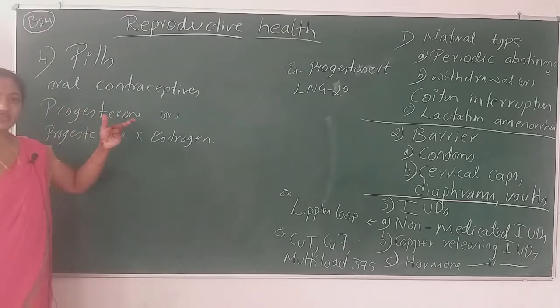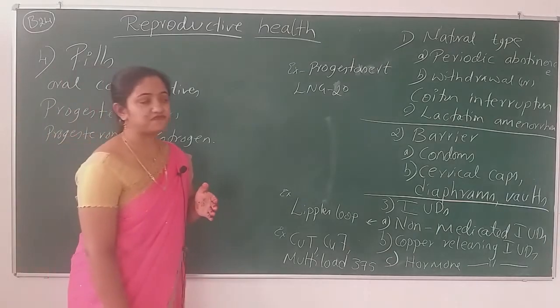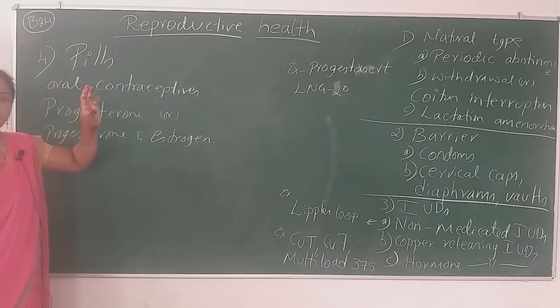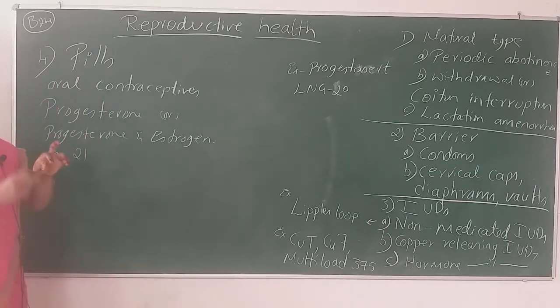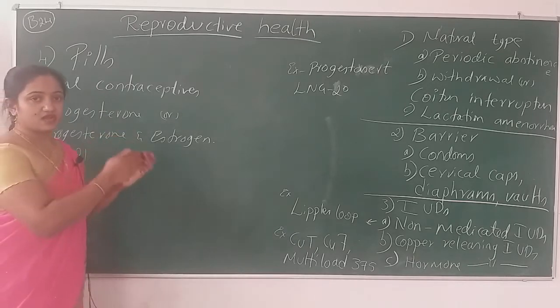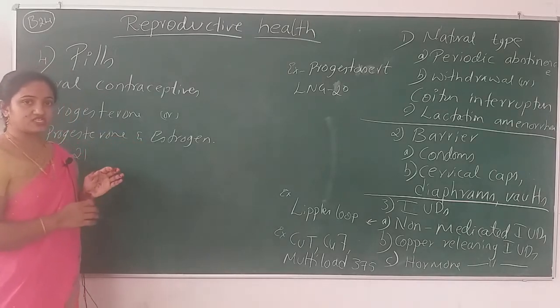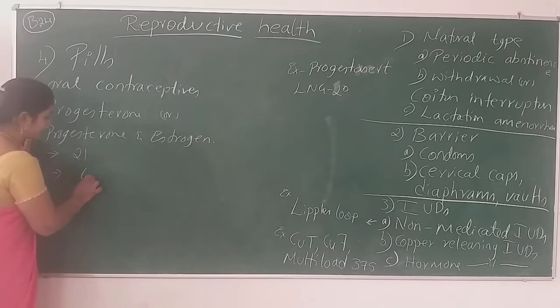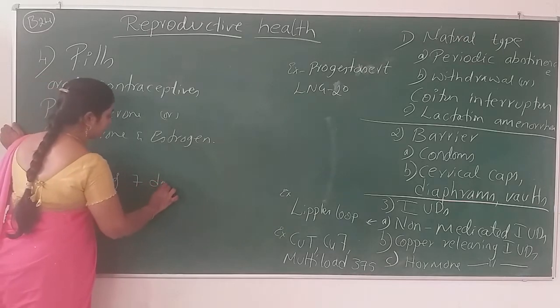Let me tell you how to use these types of pills. The female should take these pills continuously for 21 days. It will be in the form of a strip, with 21 pills in the strip. Starting from the first day, she should take 21 pills, and then give a gap of 7 days.